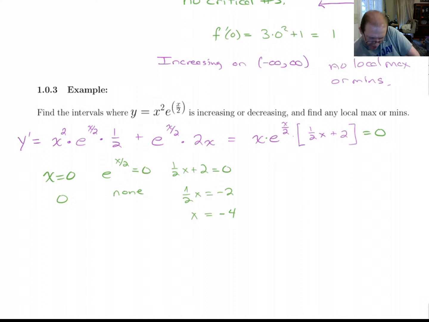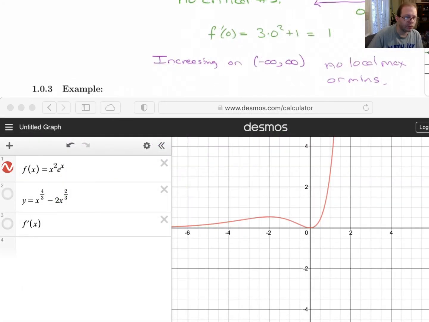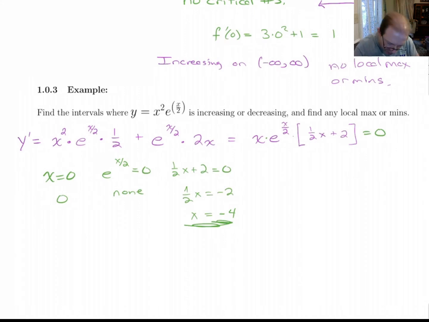Something's up. This is -4. That doesn't seem to match. Going back to this, it looks like we should have a critical number at 0 and at -2. So let's go back and see, somewhere in here I've got a mistake.